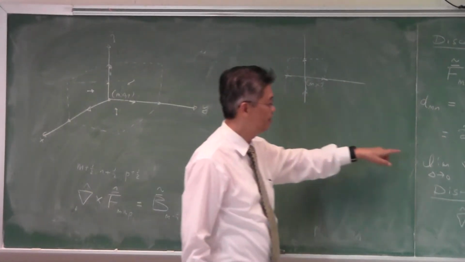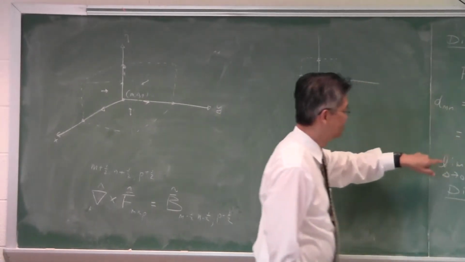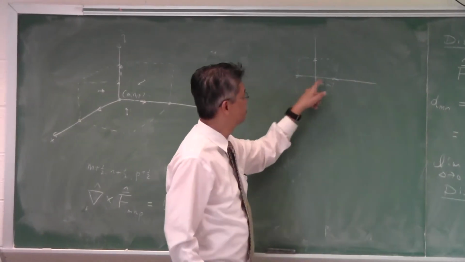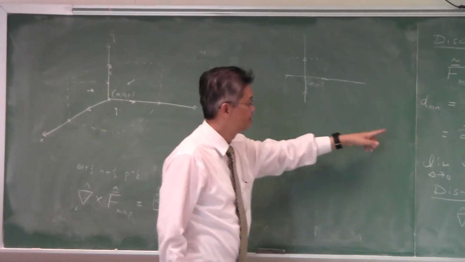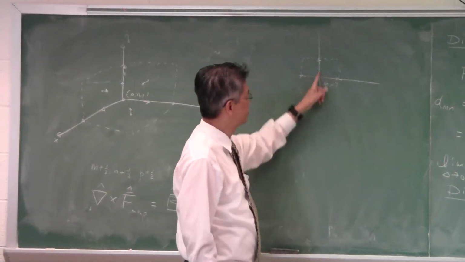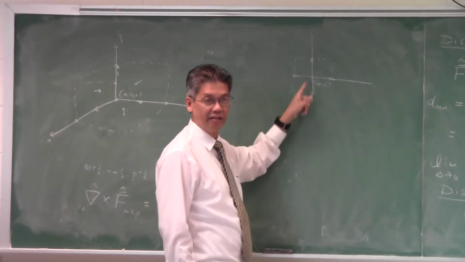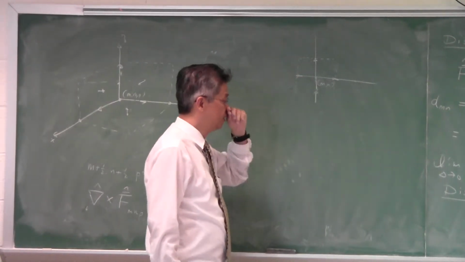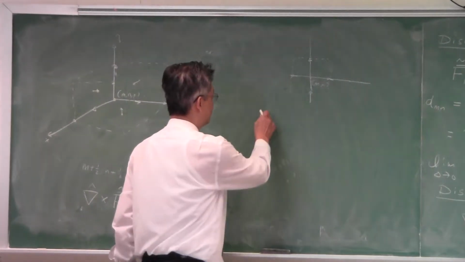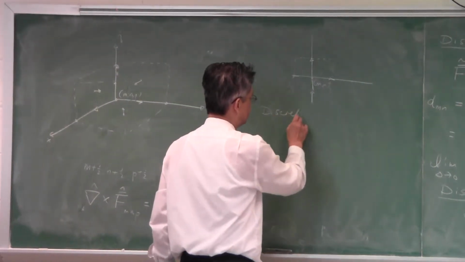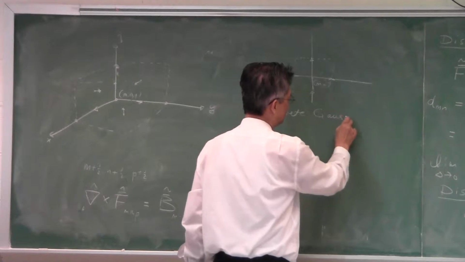Because you take the value at this point and do the backward difference, you find the flux that's entering this box from this direction, and then for the other component you're just finding the flux entering this box in this direction. So it's quite clear that Gauss theorem holds. Discrete Gauss theorem.